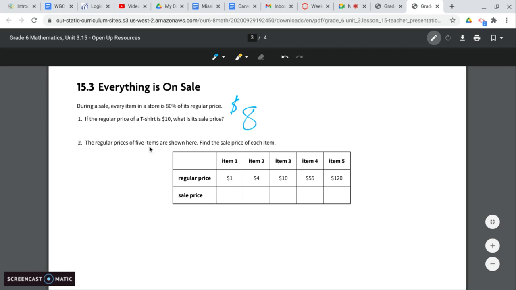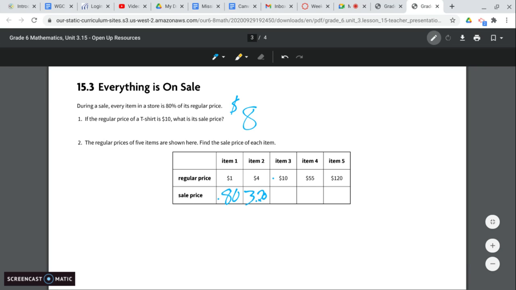The regular prices of 5 items are shown here. Find the sale price of each item. So if the regular price is $1, the sale price is 80 cents. If the regular price is $4, the sale price is, so just multiply 0.8 by 4 and we get $3.20.